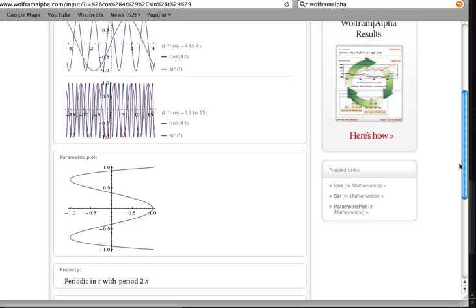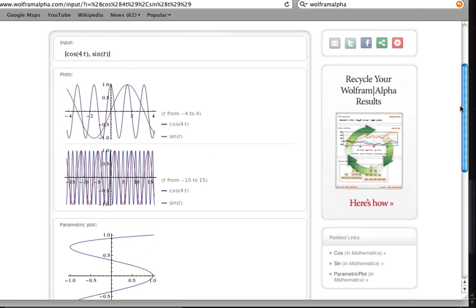Starting at 1, and then in 2 pi it would end up back at 1 again, right? No. The x values.